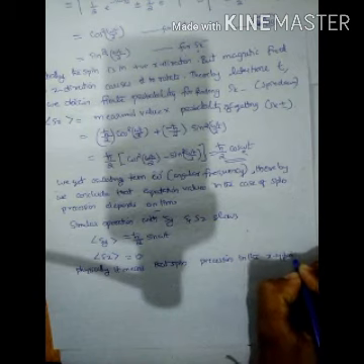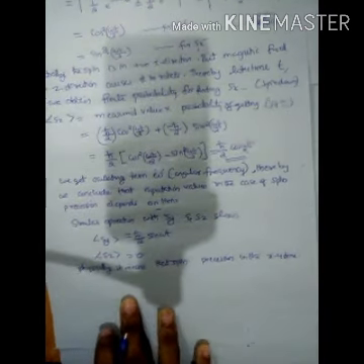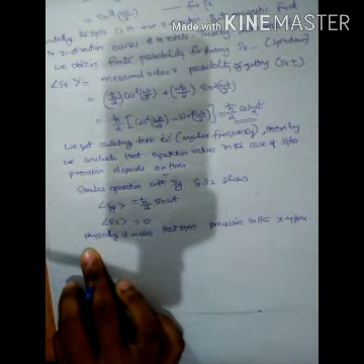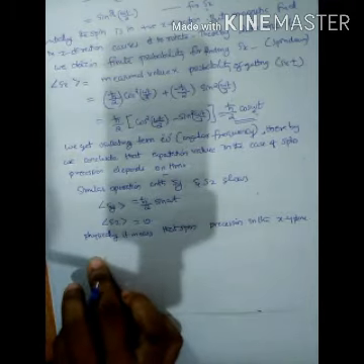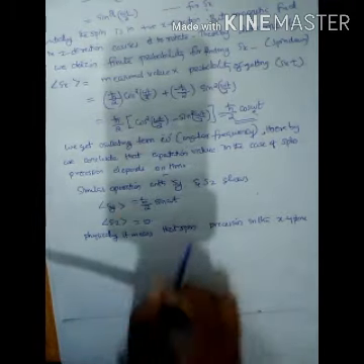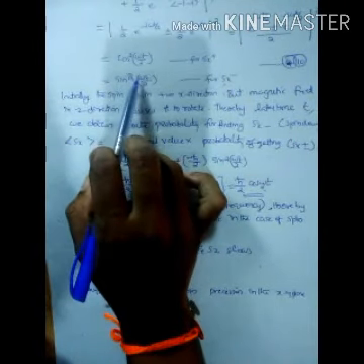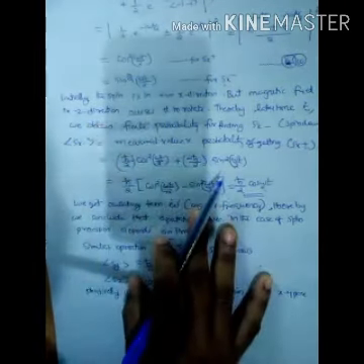Spin precession is a tool for the investigation of fundamental quantum mechanical phenomena. Now we get two probabilities, and when we take the sum of the two probabilities, we get unity.